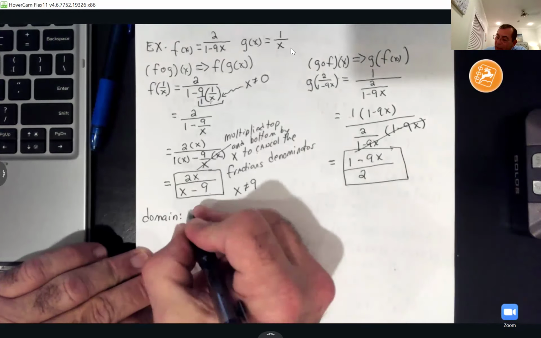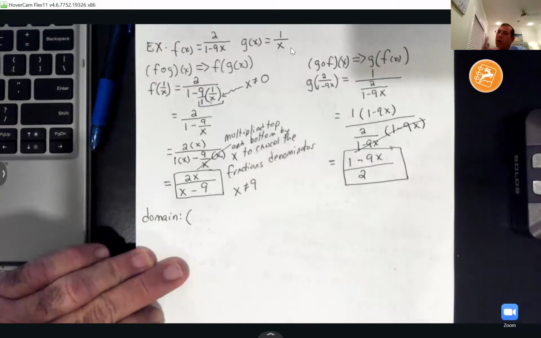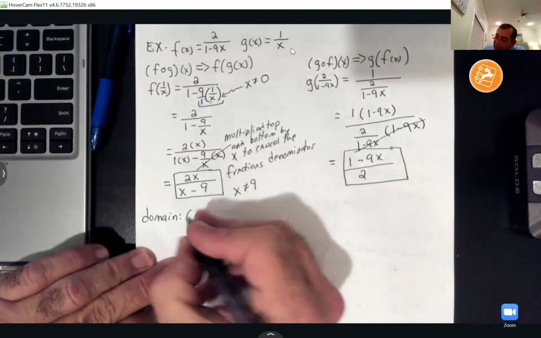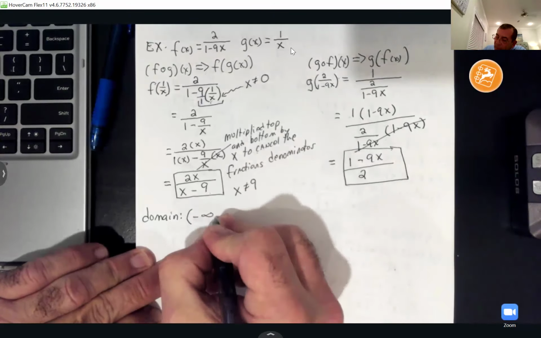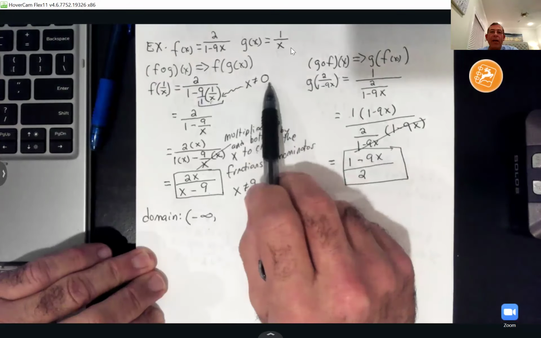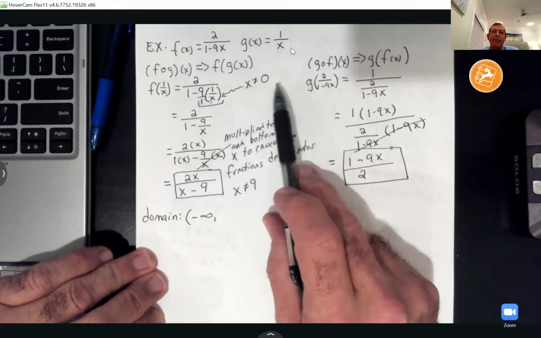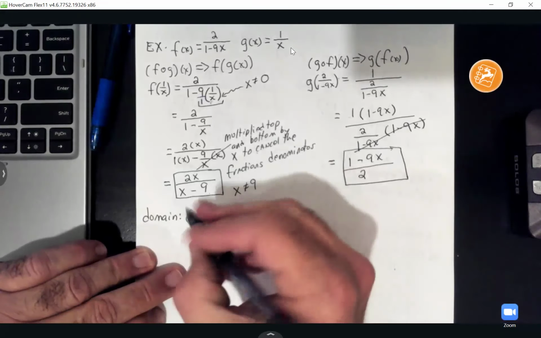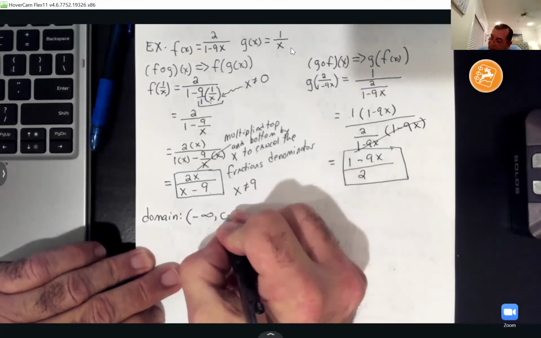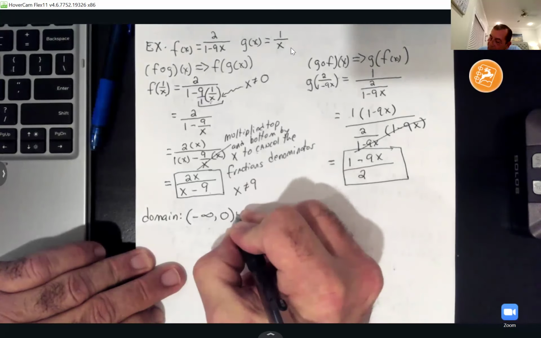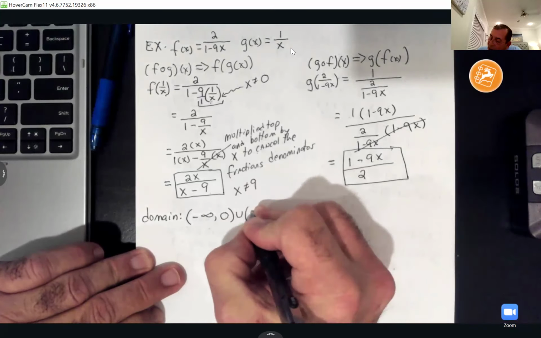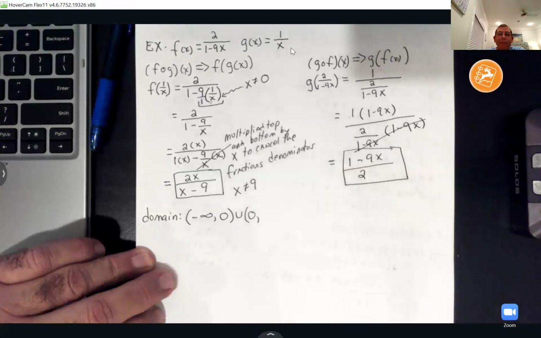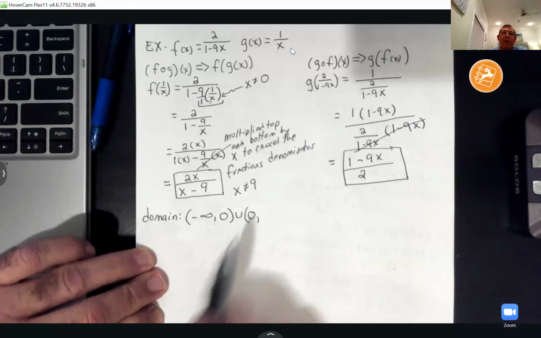So for my domain, I'm still starting at negative infinity. Going left to right, who's next, 0 or 9? 0. So I go from negative infinity up to 0, and we union around our 0, since we kicked out the 0.